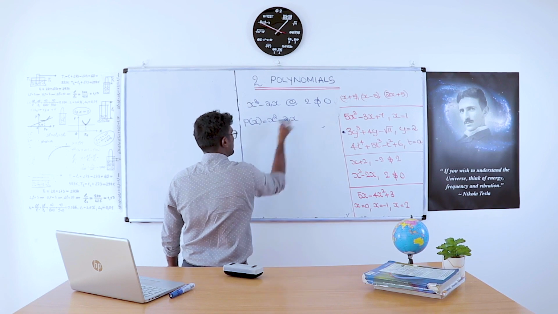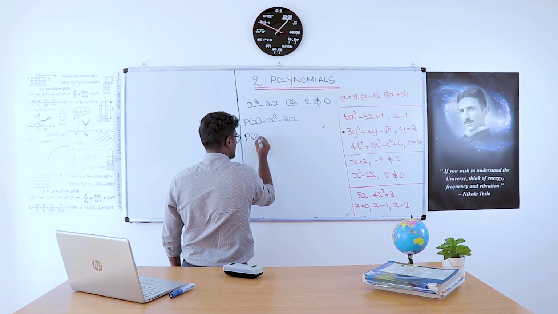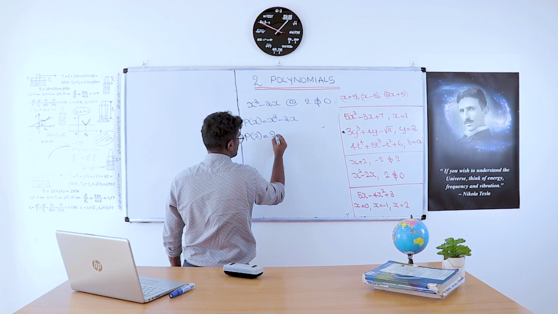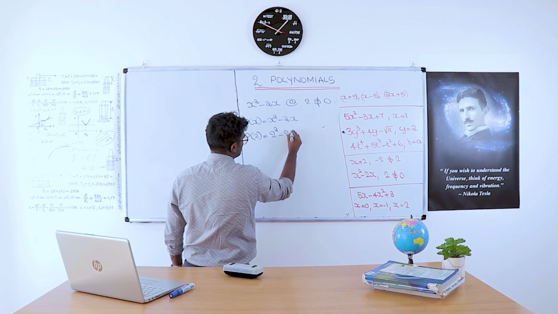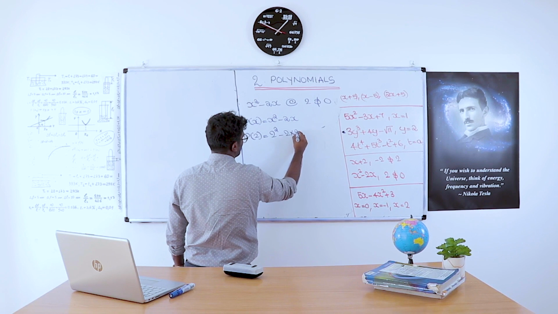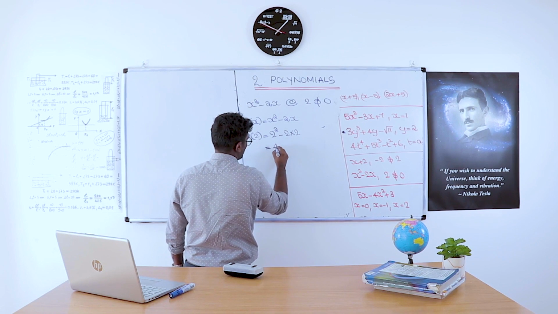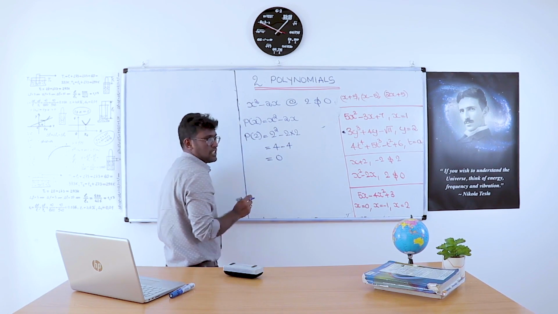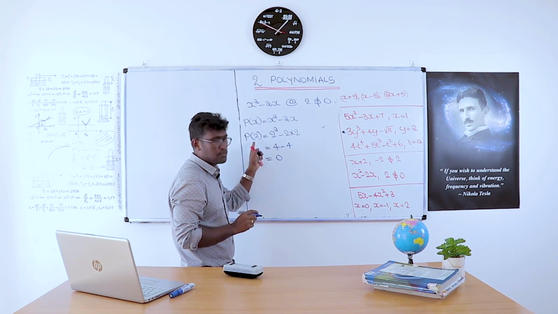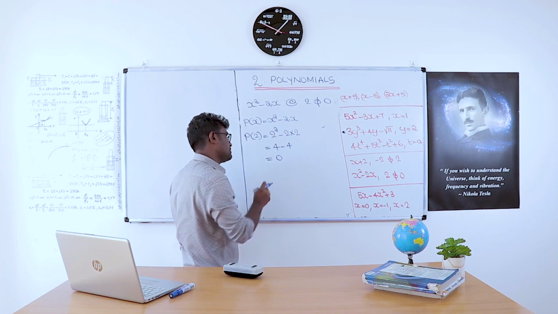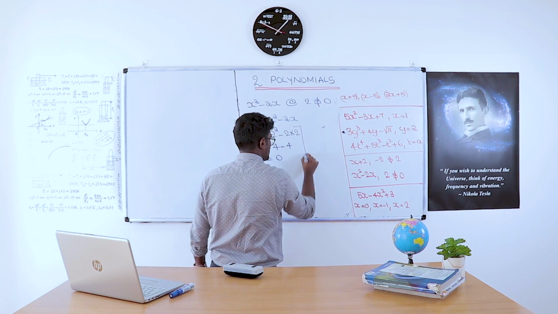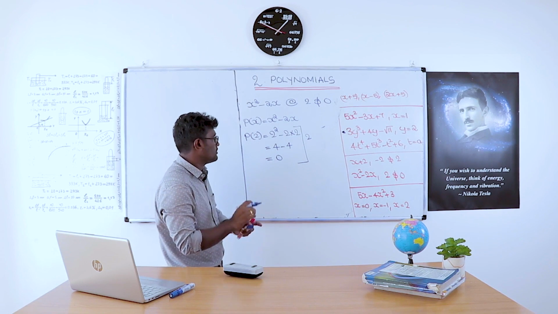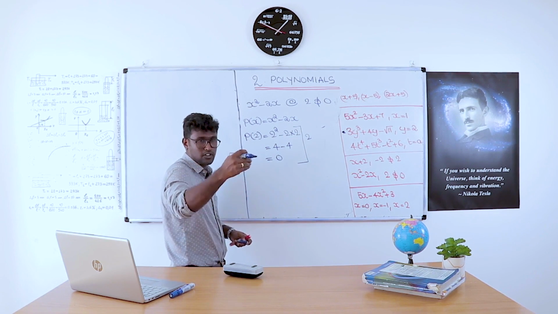We want to find out the value of P of 2. P of 2 equals, in place of x we will give 2: 2 square minus 2 into 2. 2 square is 4, minus 2 into 2 is 4, that is equal to 0. That means when we find the value of P of 2, the polynomial value tends to 0, so 2 is a zero of the polynomial.